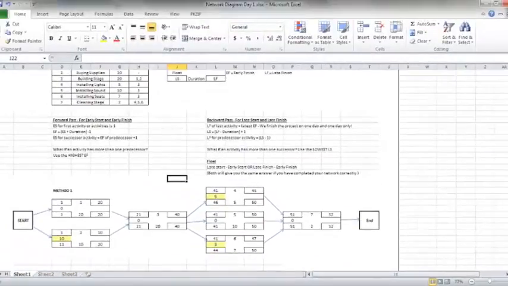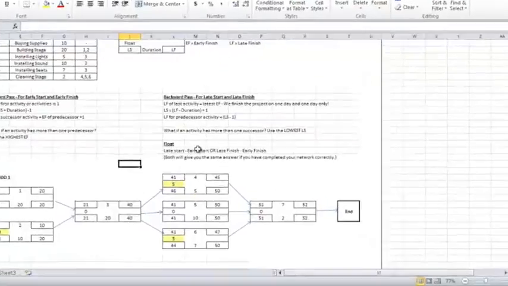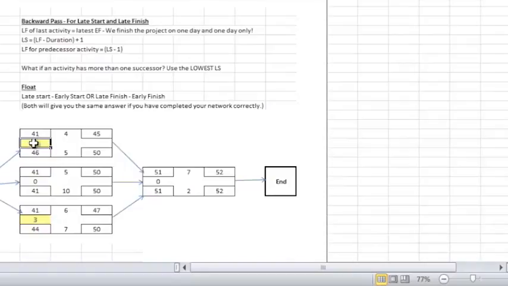Then when we get to installing the lights, the sound, and the seats, what drives the completion of the project is whichever one of those items is going to take the longest amount of time. Which one is going to take the longest? Installing the sound. So installing the sound must go as scheduled, and installing the lights has 5 days of float, and installing the seats has 3 days of float.